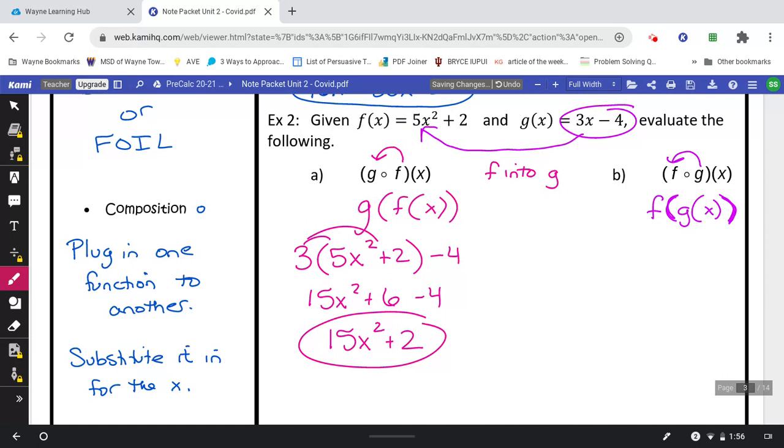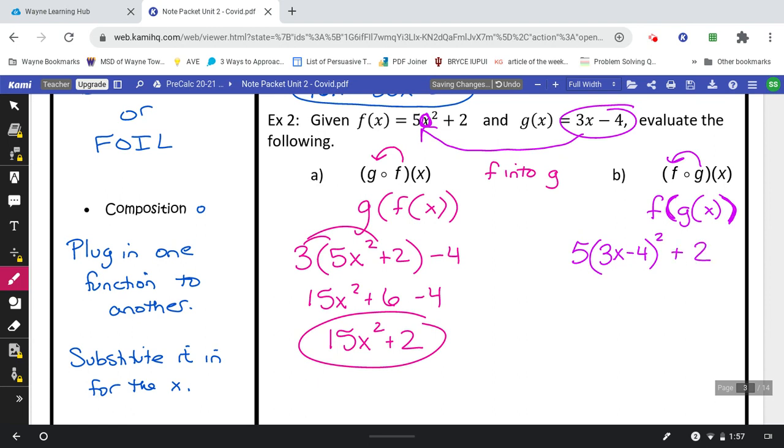See if you can write it. Replace this x right here with a 3x minus 4. Should have gotten 5 times the quantity 3x minus 4 squared plus 2.